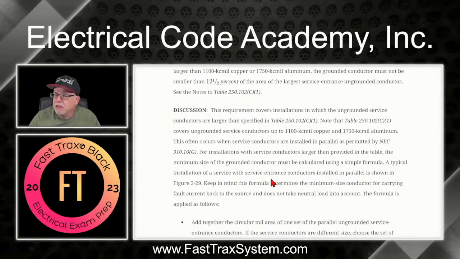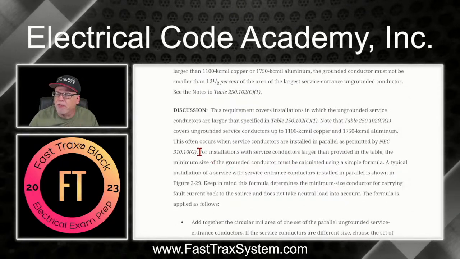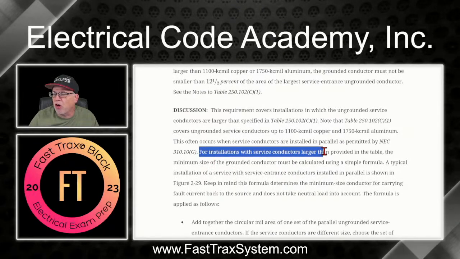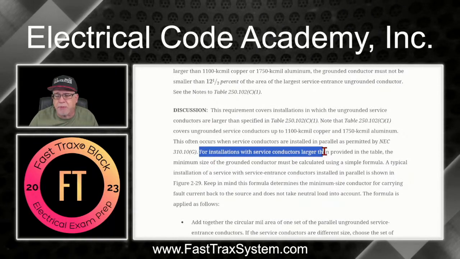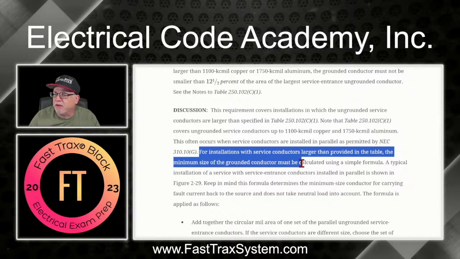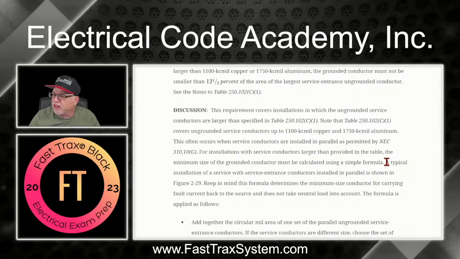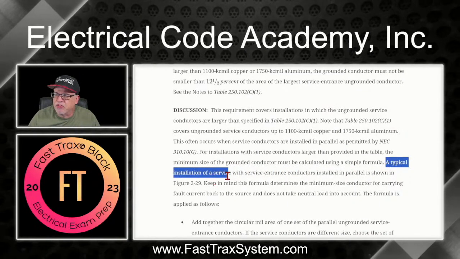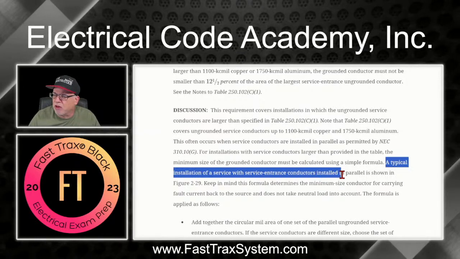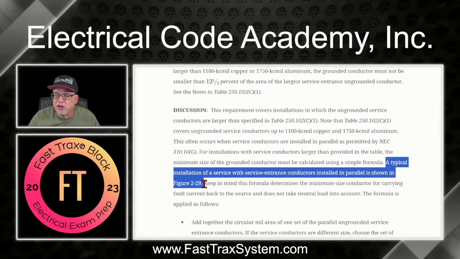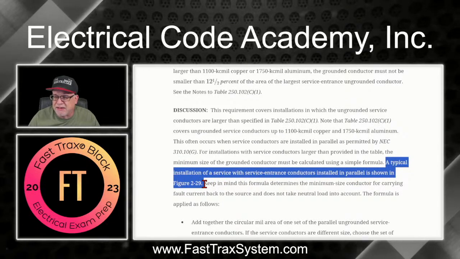All right, now let's see here. Okay, so for installations with service conductors larger than 1100 copper or 1750 aluminum, it says the minimum size of the grounded conductor must be calculated using that basic simple formula. Okay, 12.5%. The typical installation of service with service entry conductors installed in parallel is shown in figure 2-29. So we're going to look at that figure.